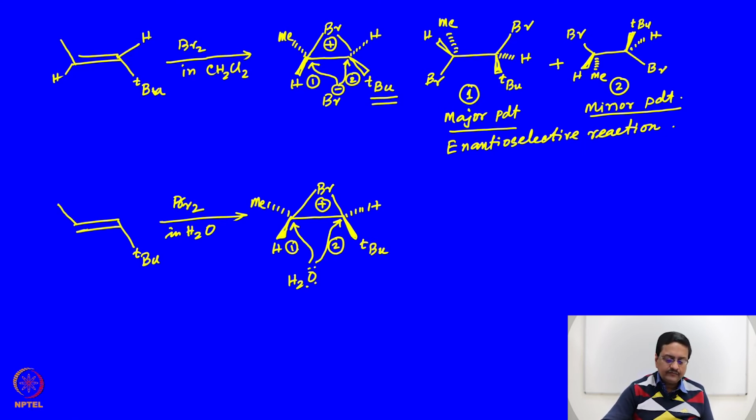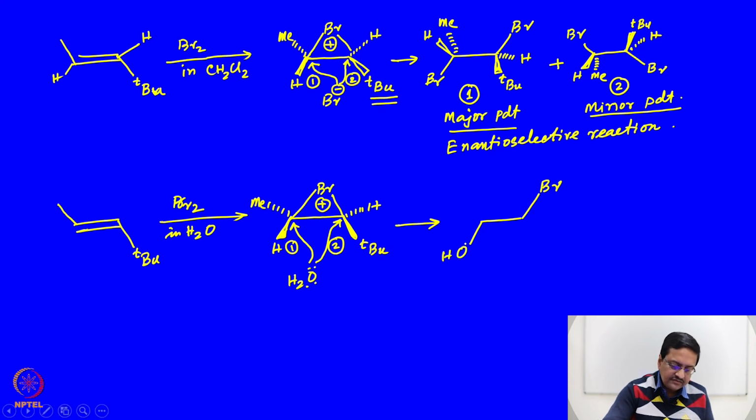As a result, the product that will form by the attack of water on carbon center 1 is going to be the major product, and the one which attacks carbon center 2 will be the minor product. So let us try to draw the two compounds that are going to form after elimination of H plus, obviously, in this particular reaction.